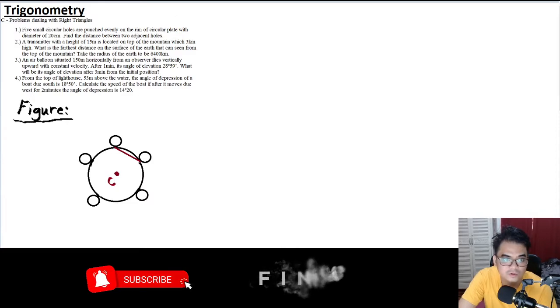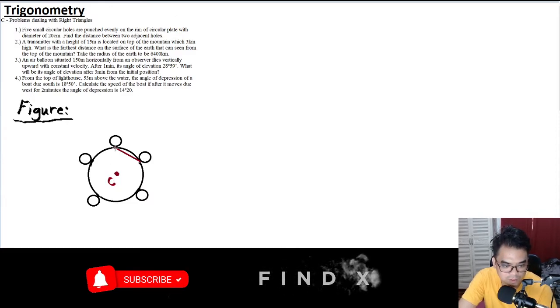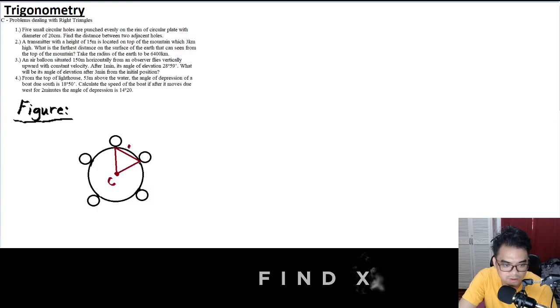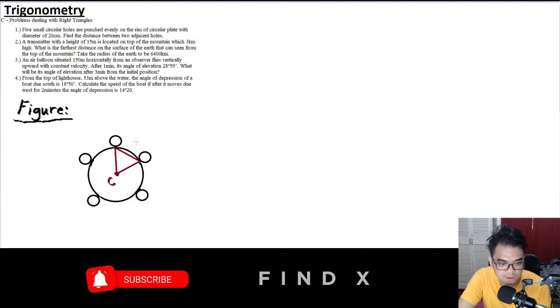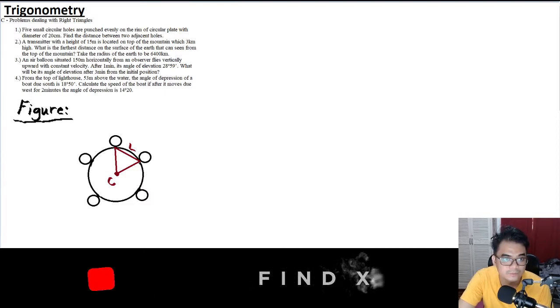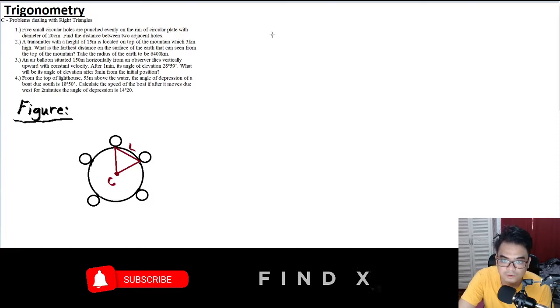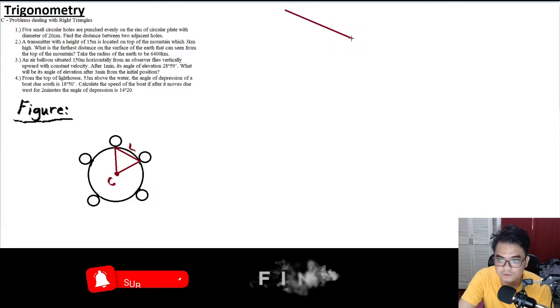If that is the center, we can connect a line here and another line here. Let's say that this one is L, the one that we are looking for. Let me replicate it here so you can see it more, so I can make it bigger. It looks like something like this.